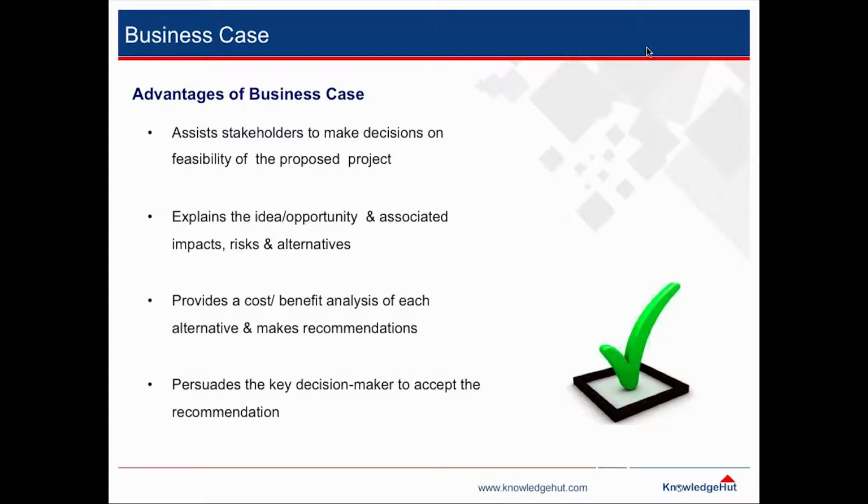It also explains the idea and the opportunity and any related risks. It discusses alternatives, looks at impact analysis, provides a cost and benefit analysis, and as I said earlier, it's there to persuade key decision makers to accept the recommendation.